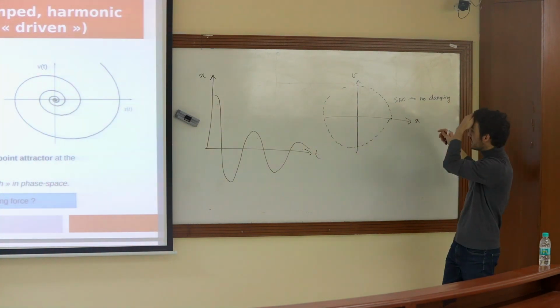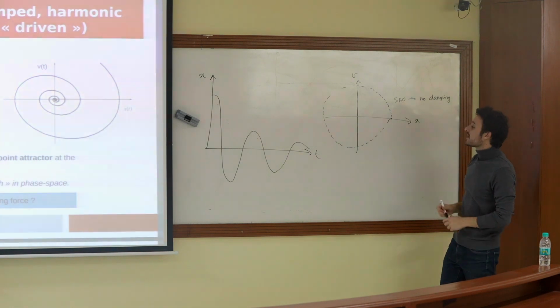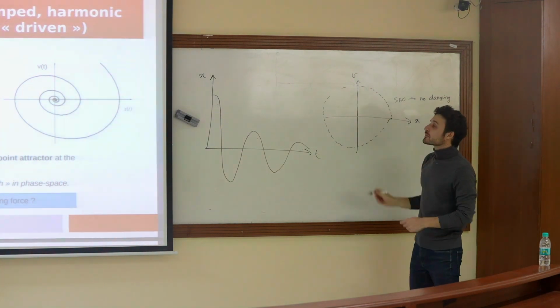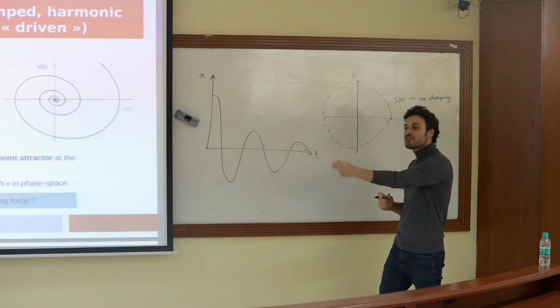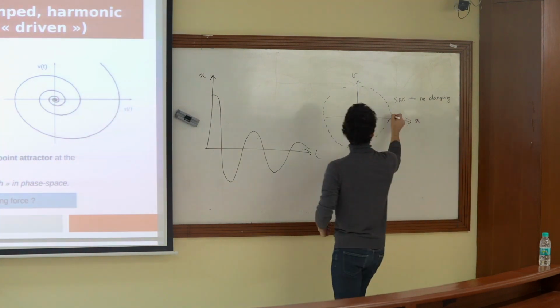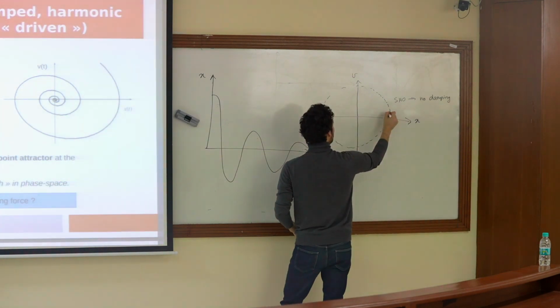Obviously, we're not here in this particular case. Here we've introduced damping, which means that as the speed increases, friction is going to remove energy from your system, right? So your system loses energy, so instead of going in circles, it's now going to go into a spiral, like that.